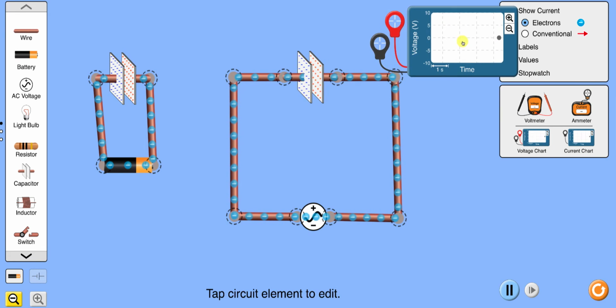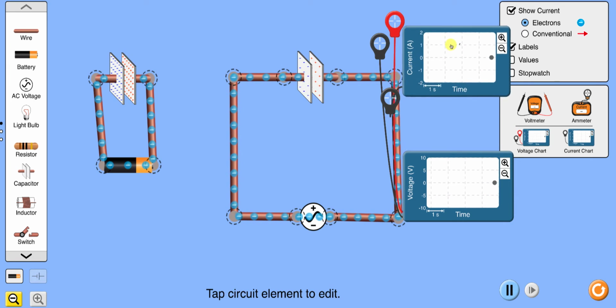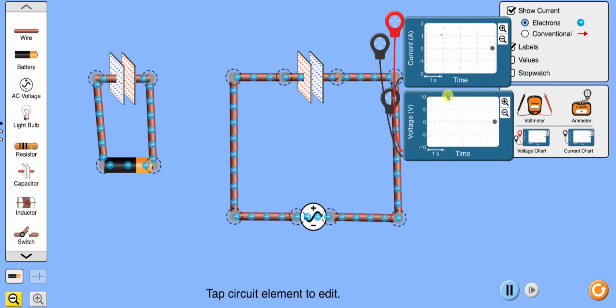Now, I also want to see how the potential behaves. I'll have the current, the ammeter, on the top, and the potential difference here. Okay, this is the graph of the current as a function of time, the usual sinusoidal motion. It reaches the peak, goes to 0, minimum, 0, maximum, and so on.